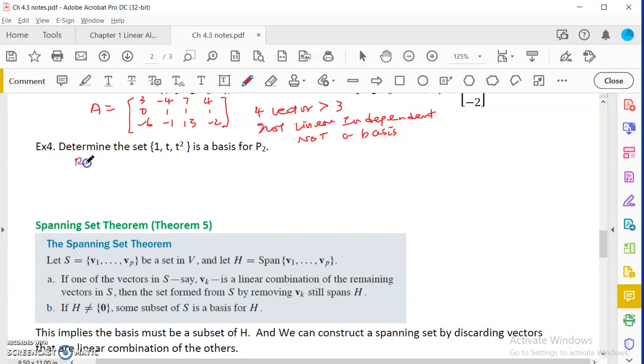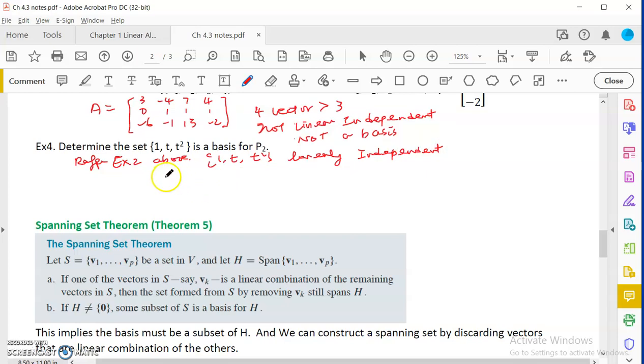Referring to example 2 above, on page 1, this set 1, t, t squared is linearly independent. So can it span?